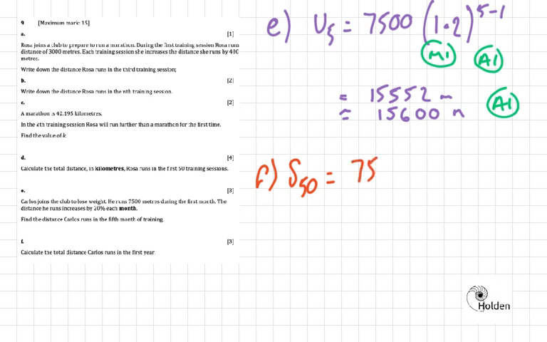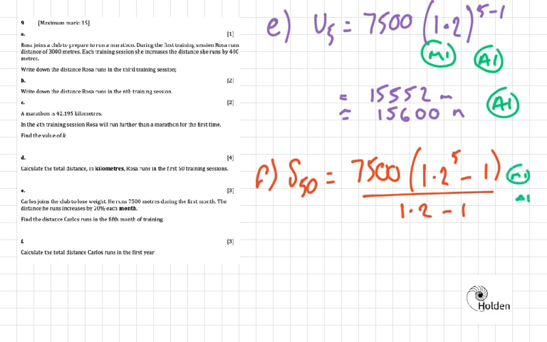We've got U1, we've got our rate of change. We're going to raise that to the power of 12. We're going to subtract 1 away from all of that, and we're going to have 1.2 minus 1. M1, A1 for correct substitution. So again, M1, A1.